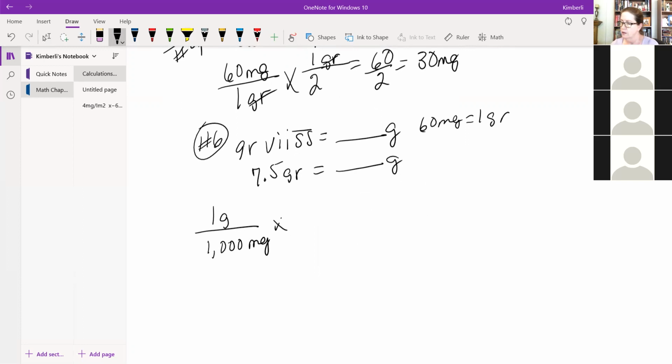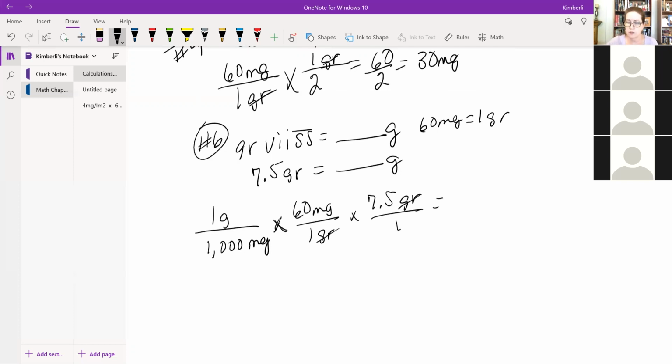And we have 60 milligrams to 1 grain, right? Times what? The answer, in milligrams, will be 450, and in grams, it will be 0.45 gram.